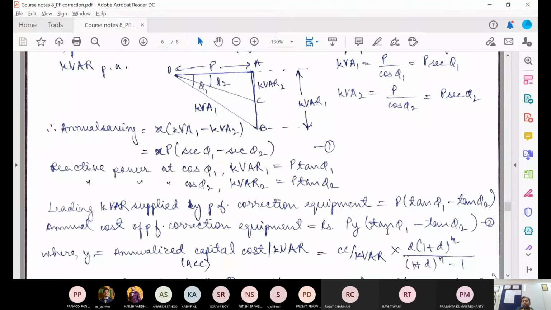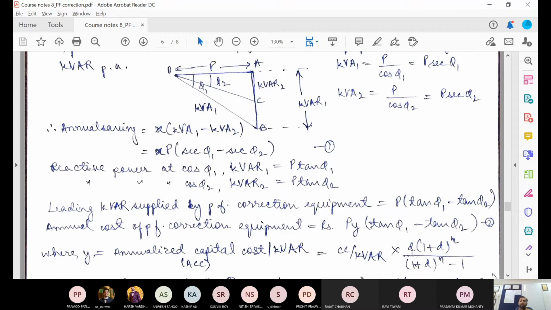You might have studied this formula in terms of the discount rate. You might recall that if the overall capital cost per kVAR is CC per kVAR, then to convert it into the annualized cost, I need two things. One is the useful life of the equipment in number of years, N, and the other is D, the discount rate.